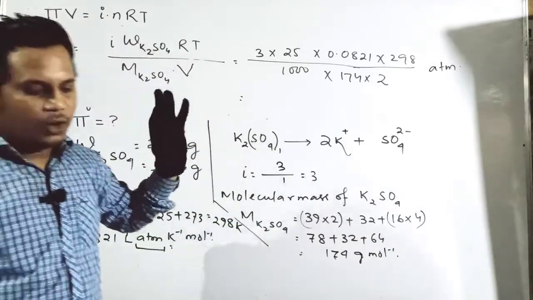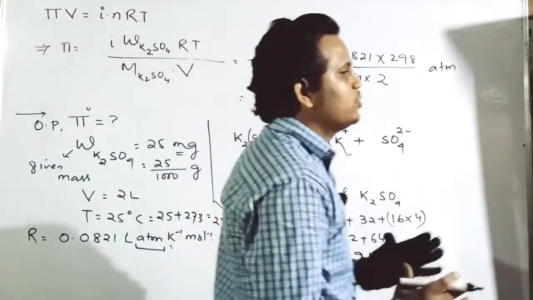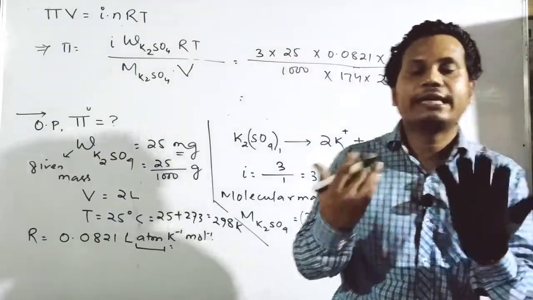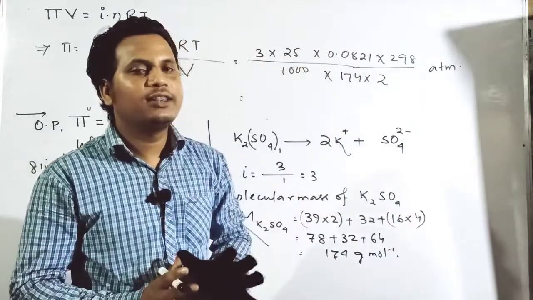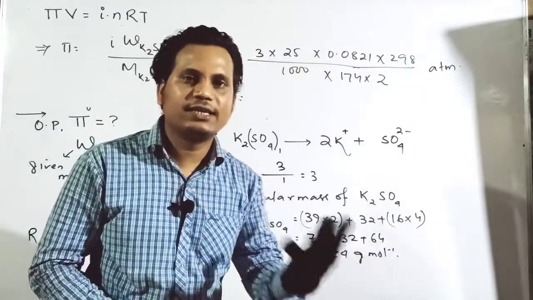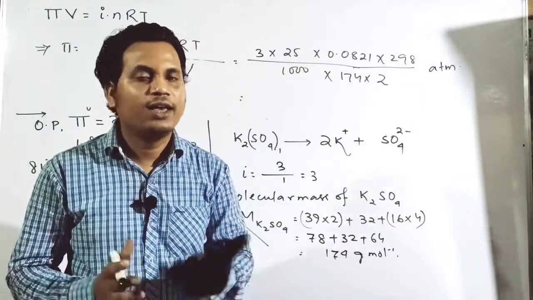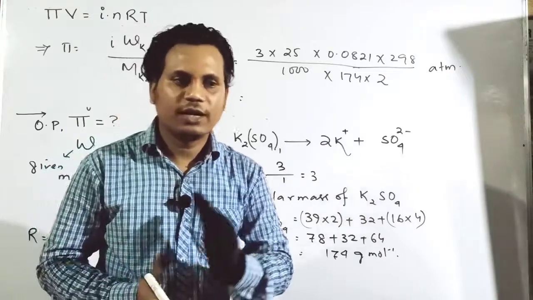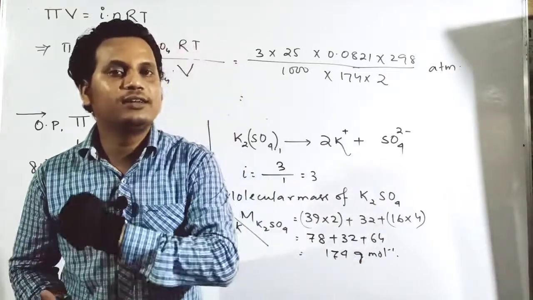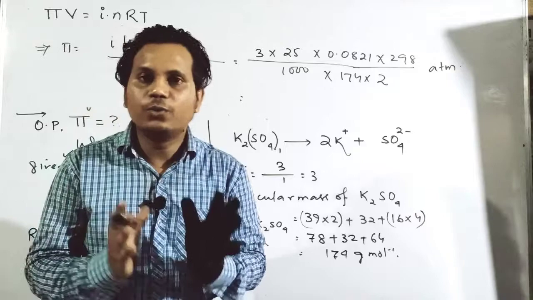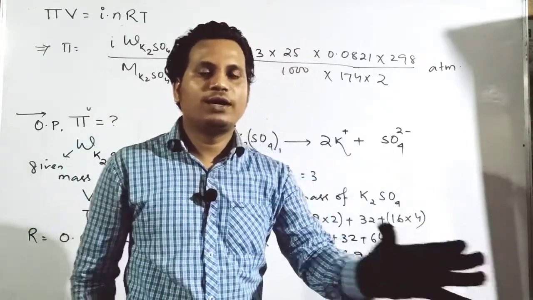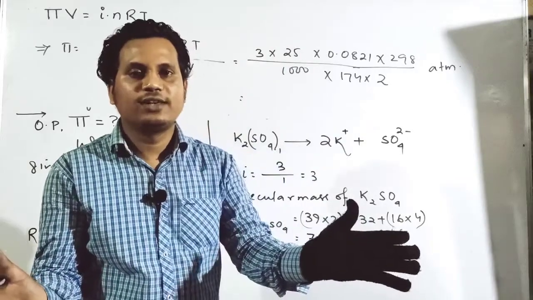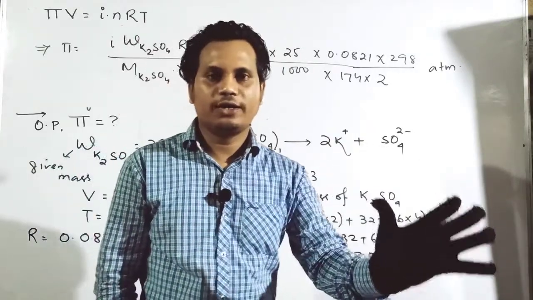Now how can we know whether association or dissociation has occurred or not? If ionic compounds like KCl or magnesium chloride, which we know are formed by metals and non-metals, are dissolved in water, they will break into ions, so dissociation occurs.